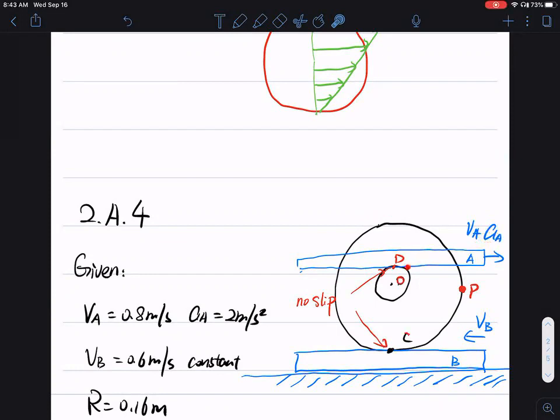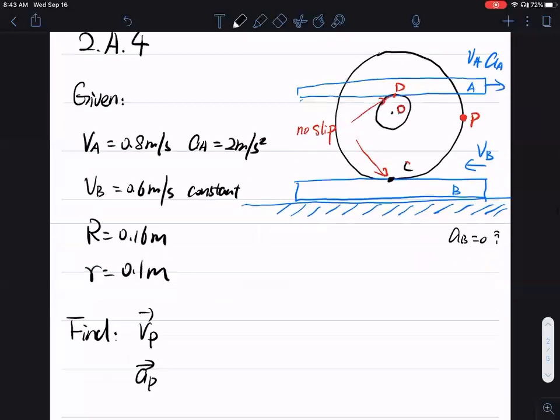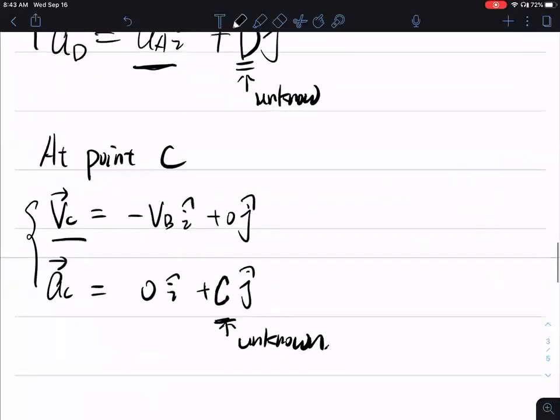That's why point D shares the same speed, velocity, and acceleration on the I direction. But for block B in this problem, it's constant, so we can say AB is 0 on the I direction. That's why we have 0 here for BC on the I direction.